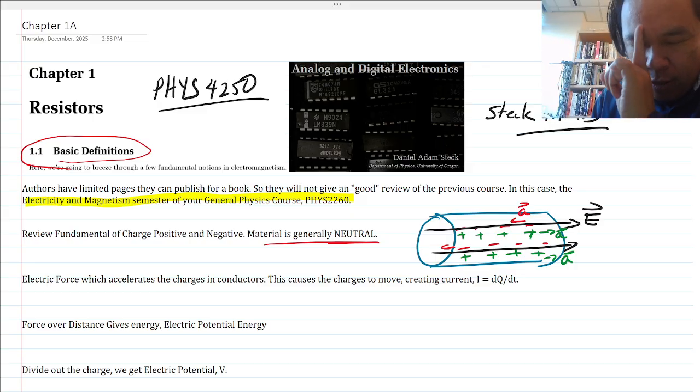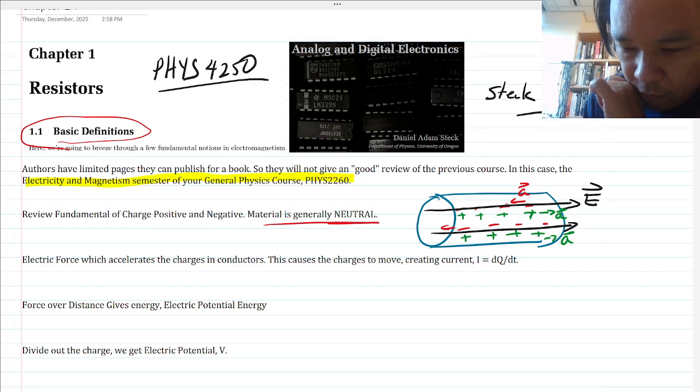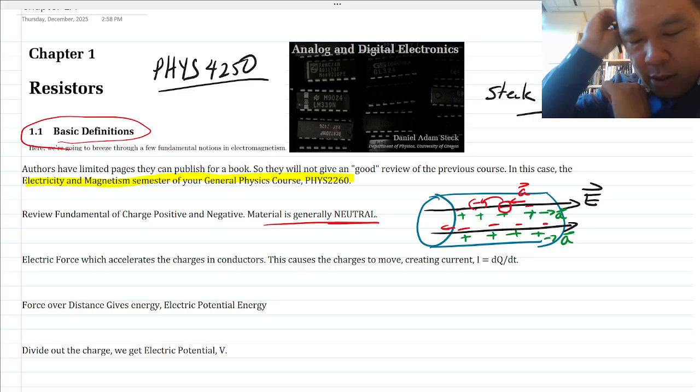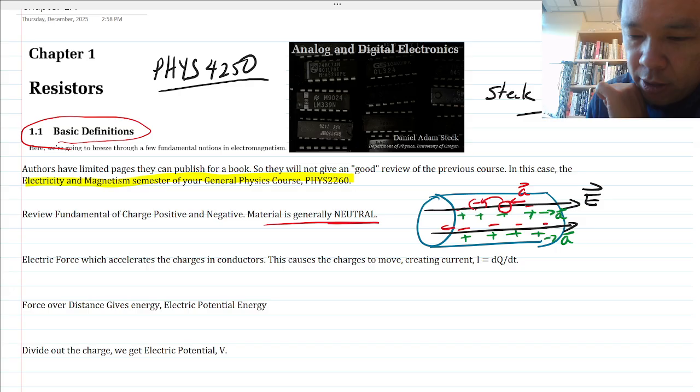The important point here is that, let's say I have a negative charge that moved from this position over to this position after some time of being accelerated. But this other negative charge replaced it, so overall this little area is still neutral. Where did the negative charge that replaces it come from? Remember, this wire is pretty long, so it keeps replacing itself.